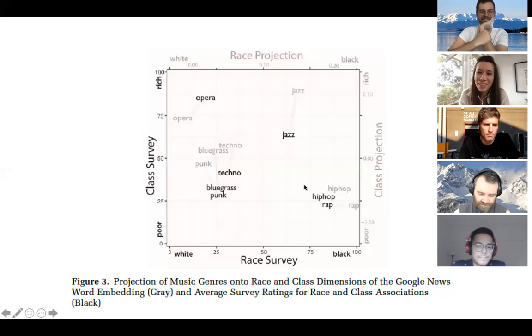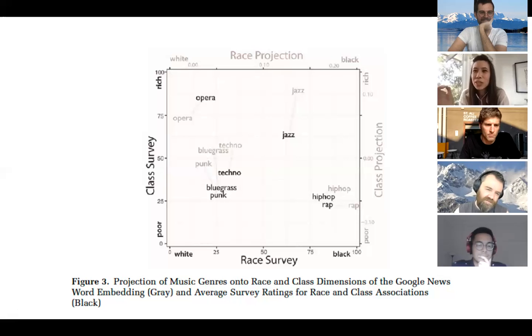It's quite fun to have a look at this. You can see similar things with rap and so on. But there are some words where you can see quite large deviations, right? So for the word jazz, the embedding model, interestingly, rates jazz much more rich in its associations than the Amazon Turk survey.